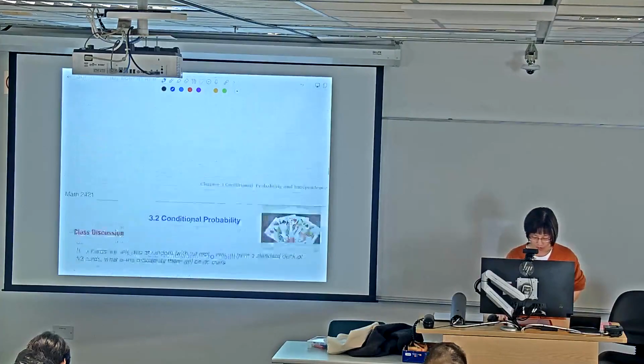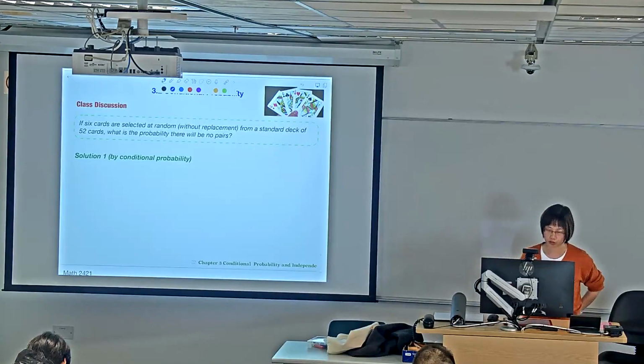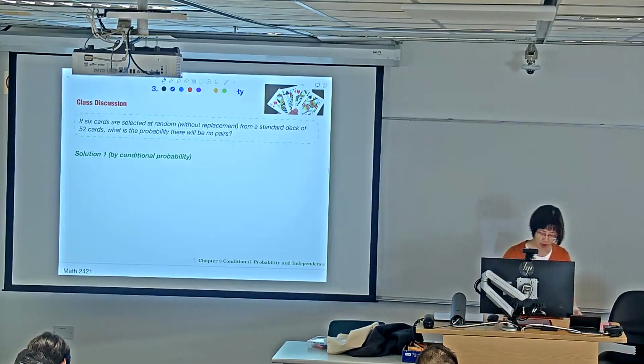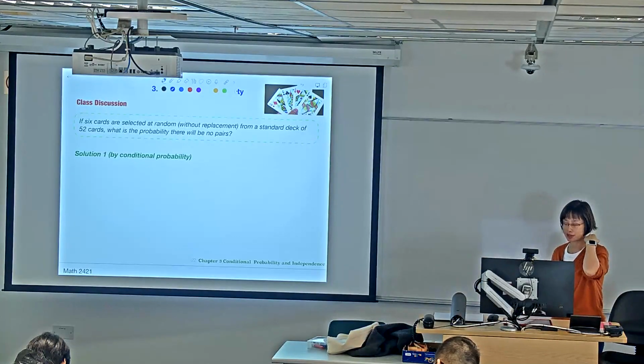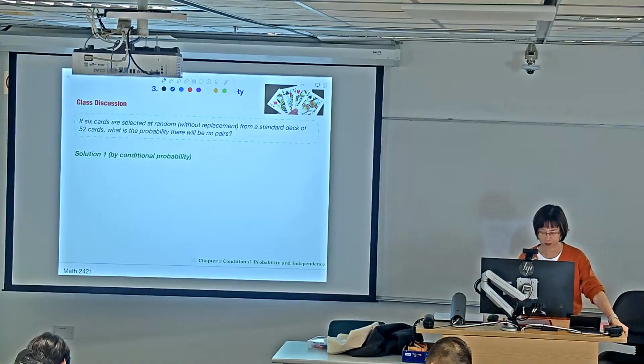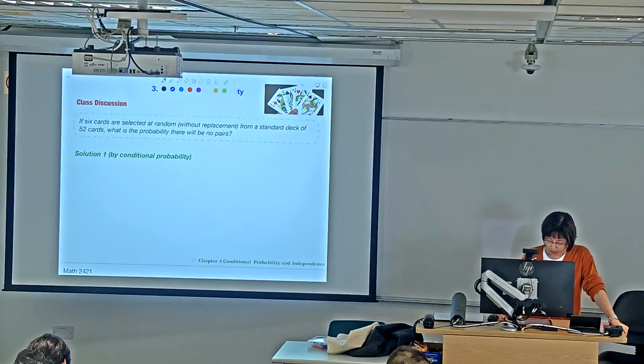Okay, so let's also solve this using conditional probability with the multiplication rule. I think the hard part is denoting the events properly. You want to write this event as the probability of an intersection of a few events. We are interested in the event that there are no pairs in the 6 cards chosen, so you cannot denote an event for each card; that's not good if you want to write it as an intersection.